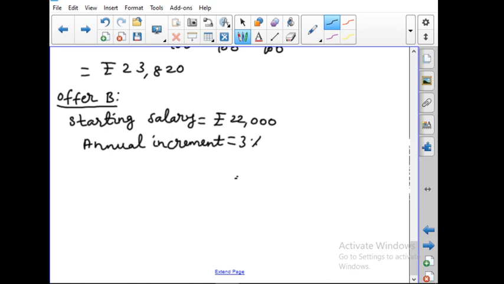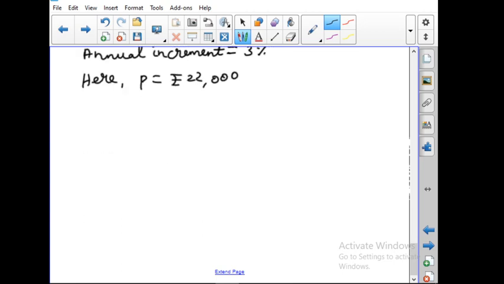The same thing here also, we are going to assume P like that. So here P equal to rupees 22,000, R equal to 3%, N equal to 3.